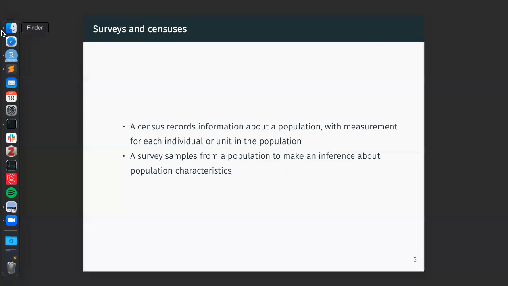And our goal with the survey is to use information that we collect from this subset to make inferences about the larger population. An inference is using data from a smaller group to make a judgment about what a quantity of interest may be for a larger group, right? So we're going to use information from our subset of the data to make inferences about the population.